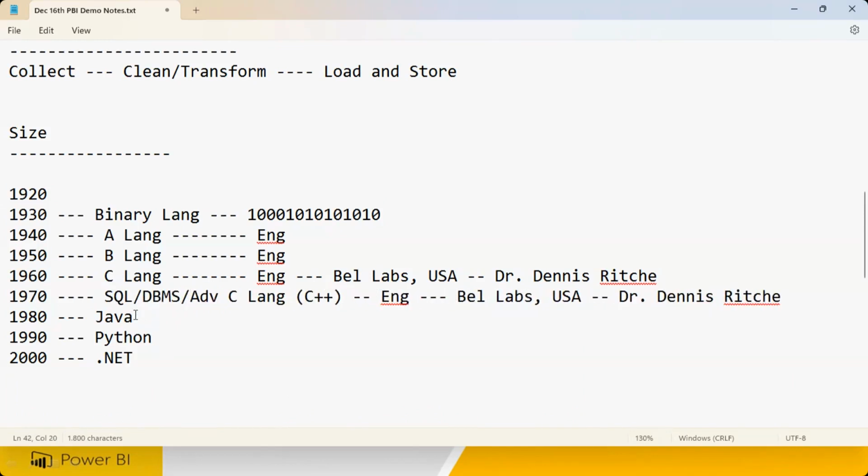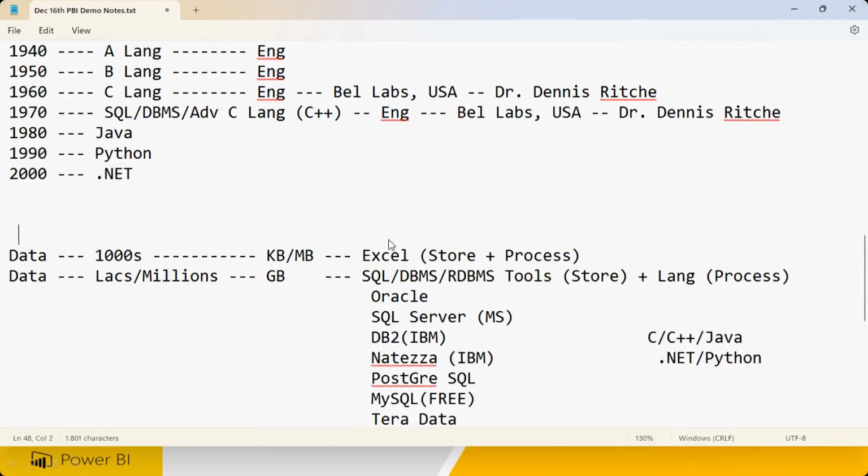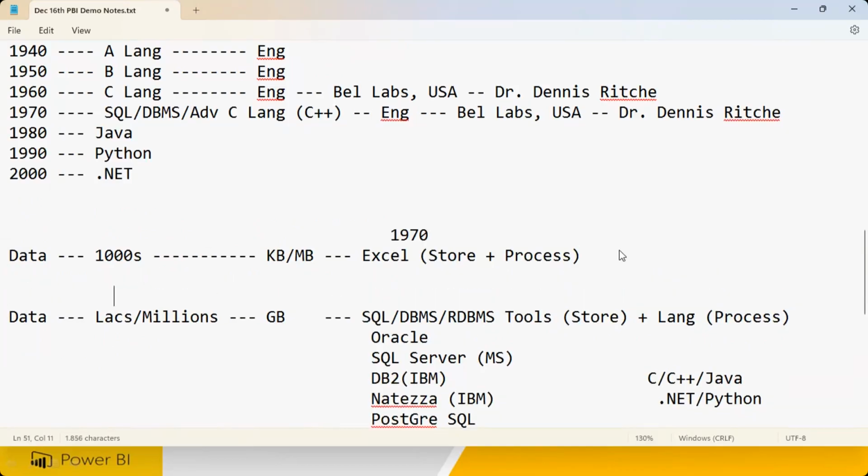Clear? So Excel, when you say, it is there from 1970 onwards, and RDBMS was implemented in the 70s only. I think Excel was there prior to that, maybe 60s, 70s. And the languages are there from 1960 onwards, not today.